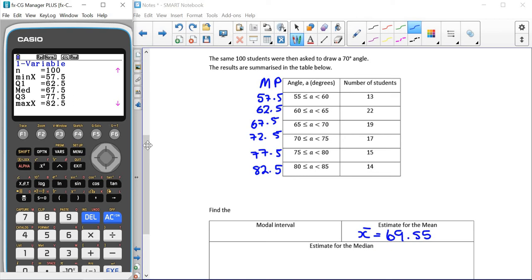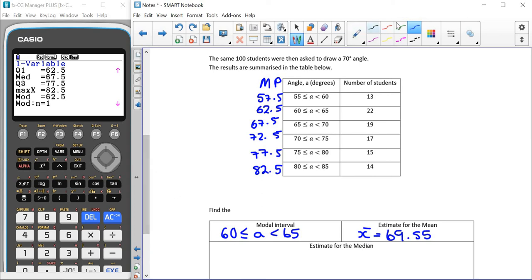You need to be careful that you do not write that down as your estimate for the median, because we need to use interpolation. But for the mode, it tells me the midpoint for the modal interval, and I can double check that by having a look at my frequencies. Yes, 22 is my biggest frequency. So the modal interval is this here, and I need to write it down exactly how it appears here. So that's going to be 60 is less than or equal to A is less than 65.